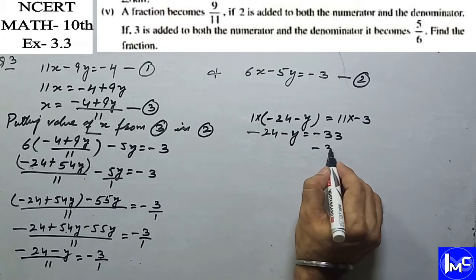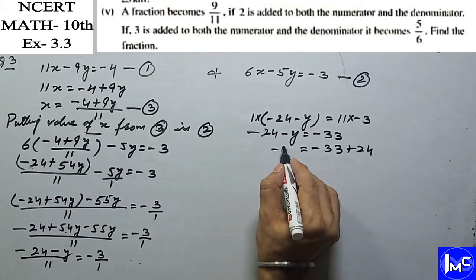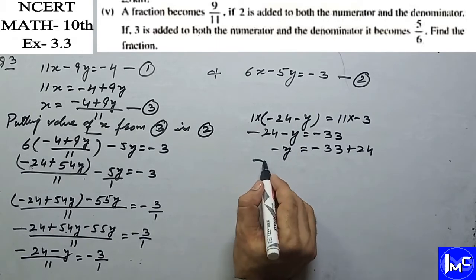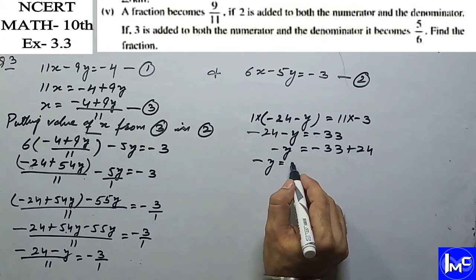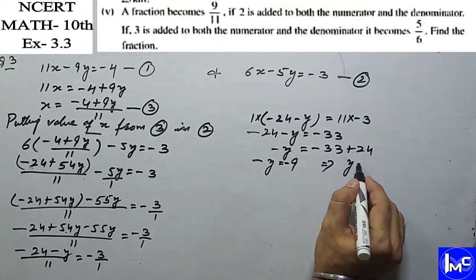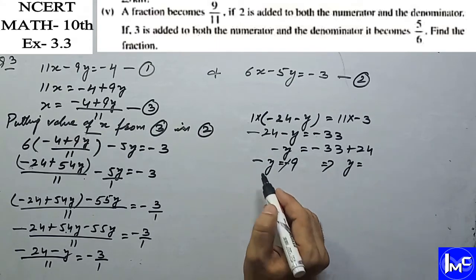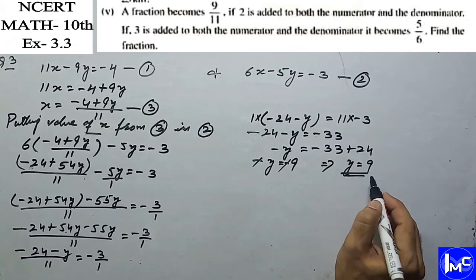It will be 33 plus 24 so minus y is equal to 9, that is of negative sign, and therefore by cancelling the negative sign on both sides we will get y is equal to 9 here.